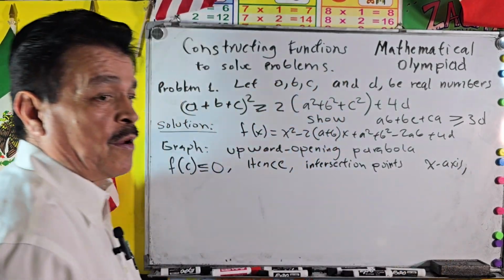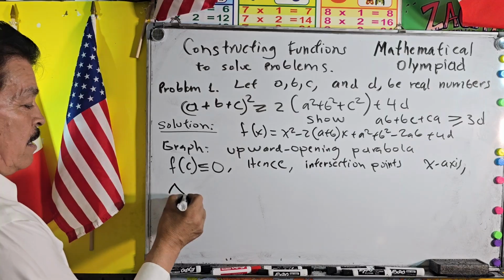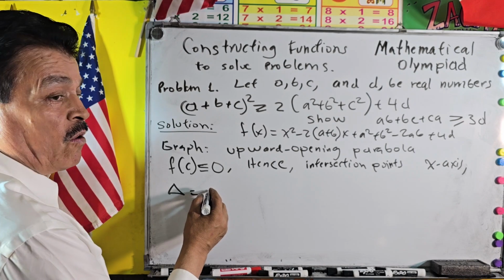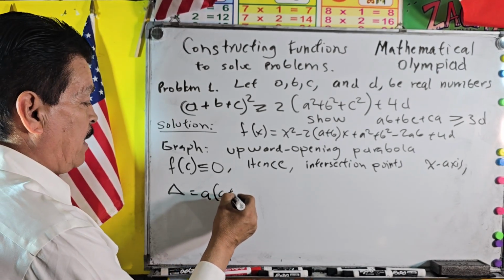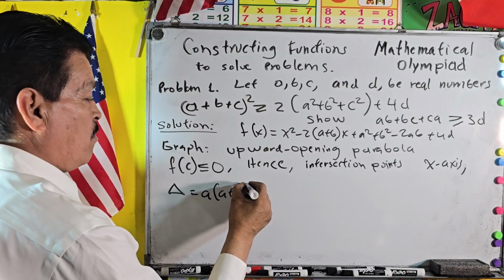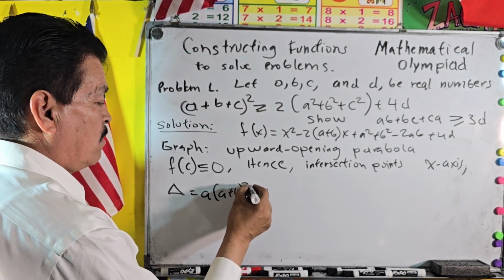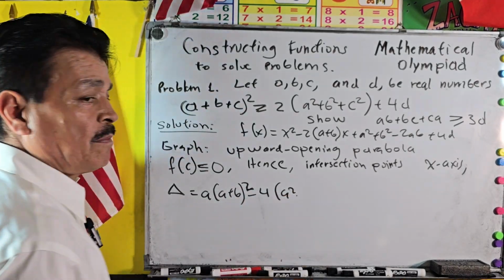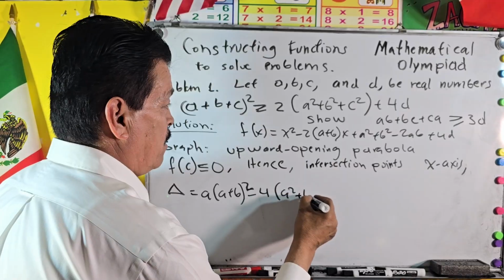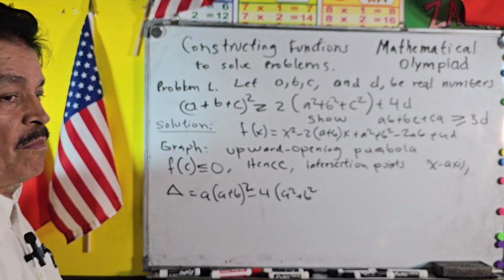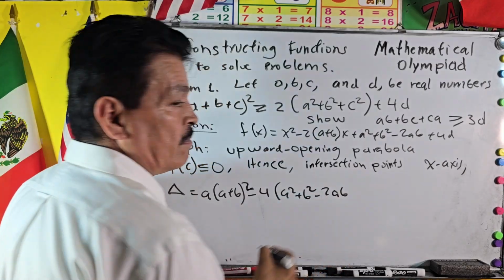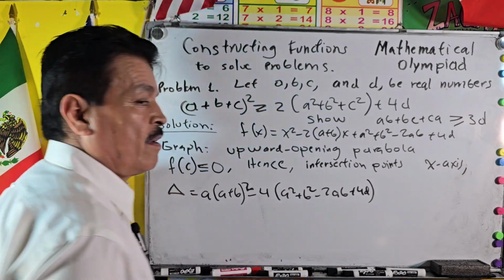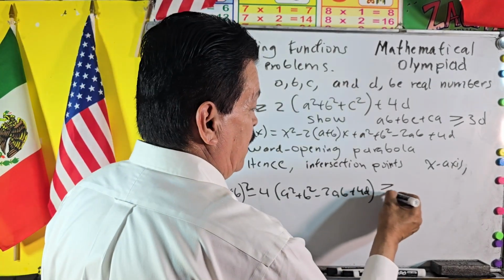So we will have the discriminant: triangle equals 4 times (a plus b) to the second power minus 4 times (a to the second power plus b to the second power minus 2ab plus 4d), greater or equal than 0.